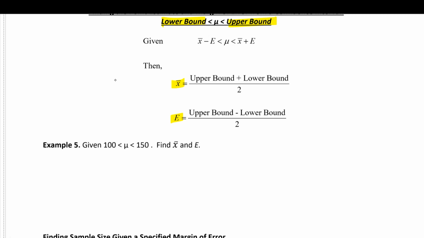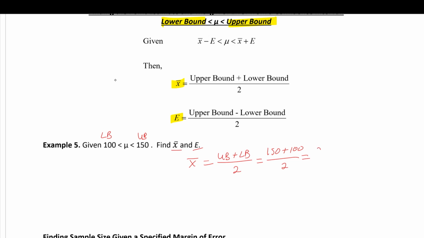We're given a lower bound, we're given an upper bound, and it's asking to find the X bar and the margin of error. To find the sample mean here, it's just your upper bound plus lower bound over 2. Upper bound in this case is 150, lower bound is 100 divided by 2.